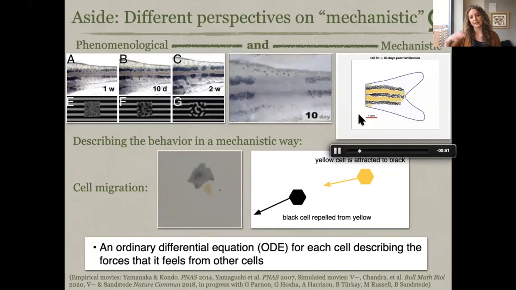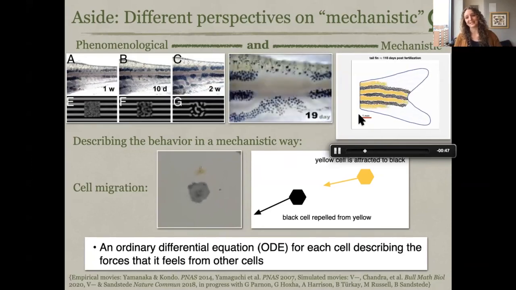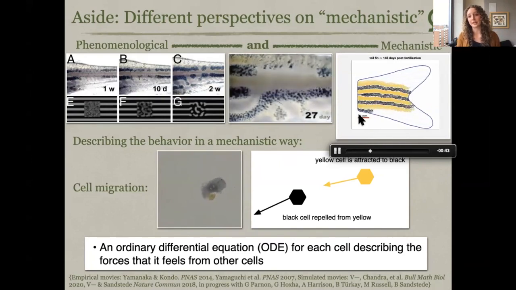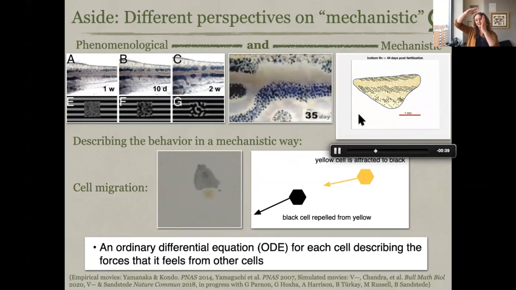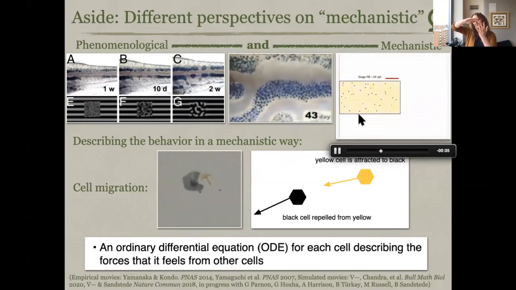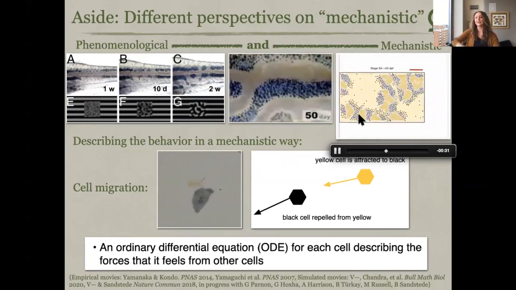It wasn't until I talked to more biologists and mathematical biologists than myself that I realized that community views them as phenomenological. So in some sense, yes, each mechanistic model is in some sense a phenomenological model as soon as you step down to the next scale of the application.